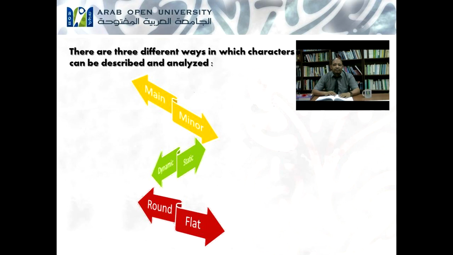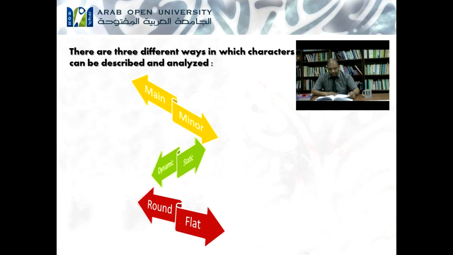Some characters are very important and play a major role in developing the events in short stories, and some characters are only there because the main characters are set against them. It is only when you use them as tools, as foils, that you can know more about the main and the major characters.